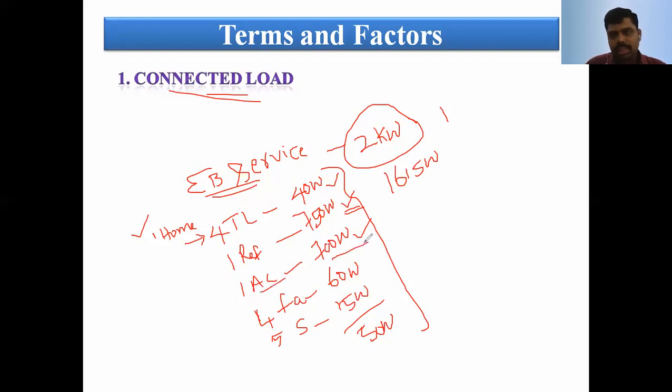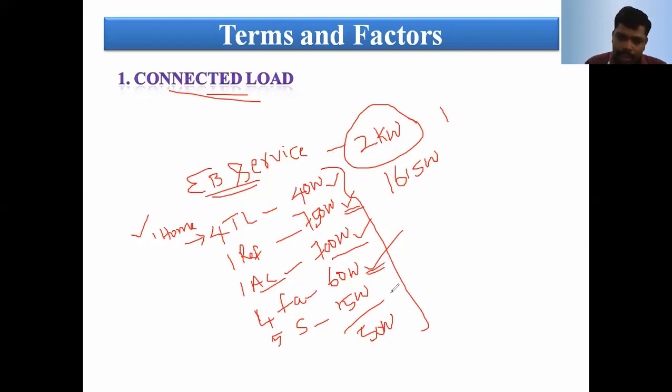Few consumers use it for 4 hours or 2 hours in a day, and few use it for 6 or 8 hours in a day. The 4 fans are also used based upon requirements. Suppose 2 fans are rotating 18 hours in a day, and the remaining 2 fans are used either 2 or 3 hours in a day.